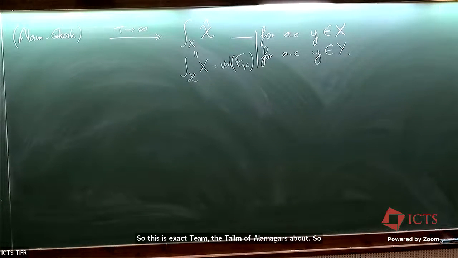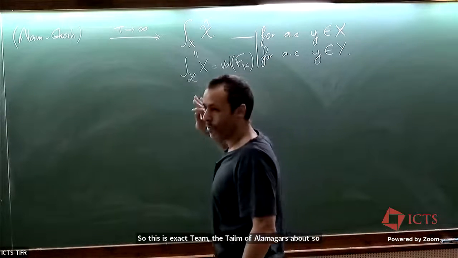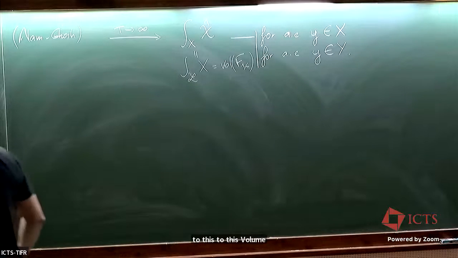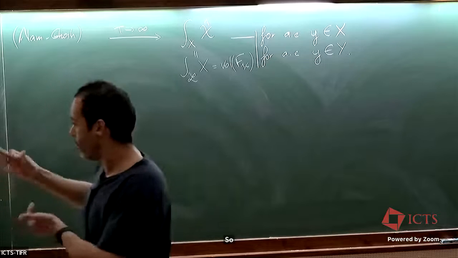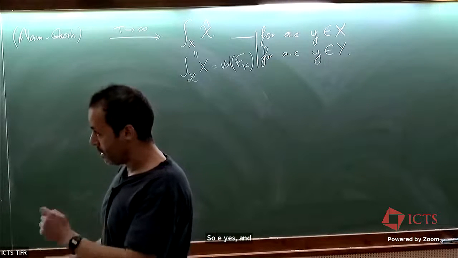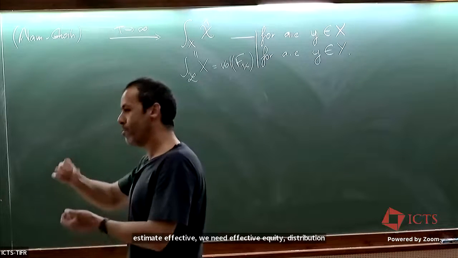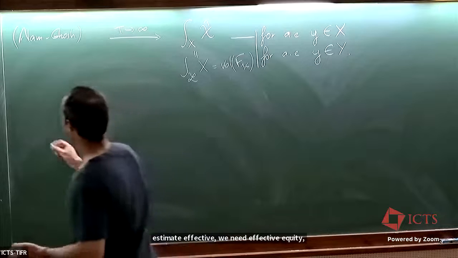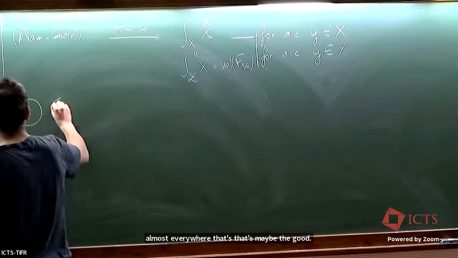So the number of approximants is proportional to this volume times t. And our result, if we want to make this estimate effective, we need effective pointwise equidistribution almost everywhere. So that's maybe the point where I'll talk about effective equidistribution.